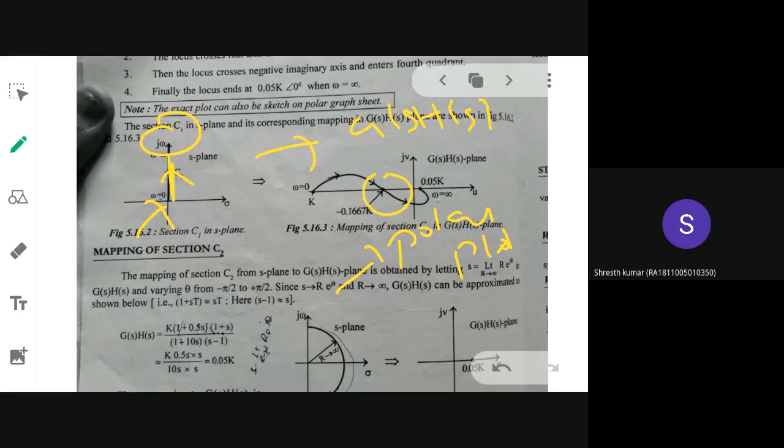This system is also having zeros, so it is not a minimum phase system, so you cannot use type and order to determine where the plot is going to start and end. So here you have to do a calculative procedure to determine the nature of the plot that you are going to obtain as a map. Again remember, only for a minimum phase transfer function with only poles alone you can use type and order to determine where it starts and ends.